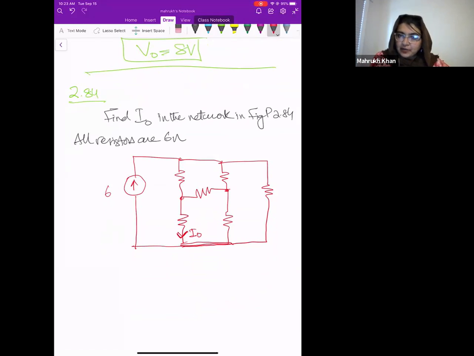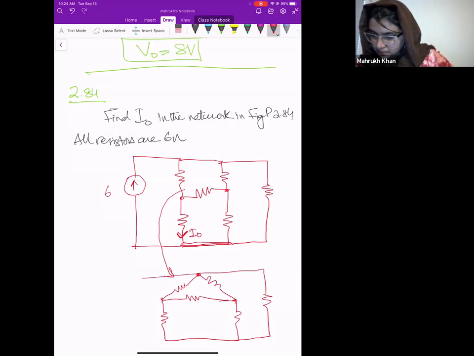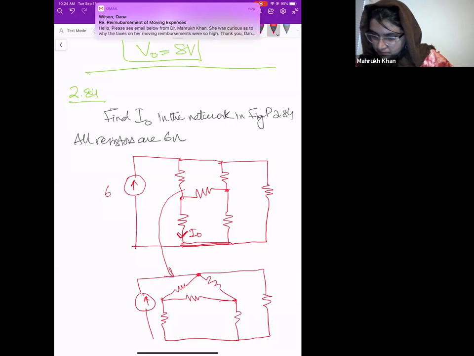Is it a similar scenario, do you see a delta-Y scenario? So can I write this as this?